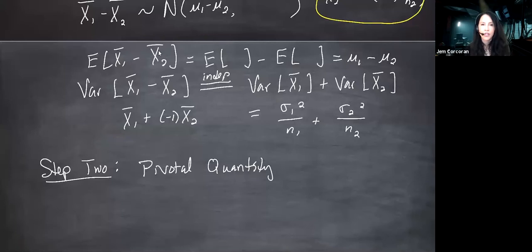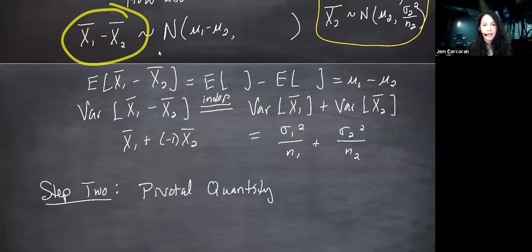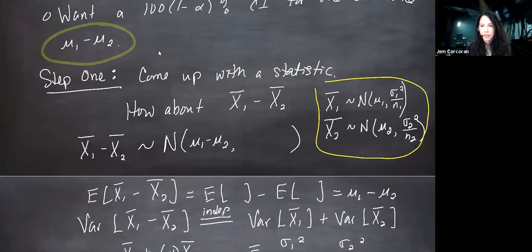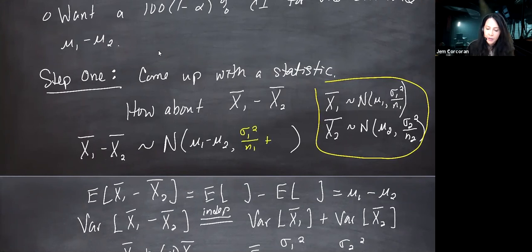So this is a function of the statistic we're going to use, which is x1 bar minus x2 bar, and the thing we're trying to estimate, which is mu1 minus mu2. By the way, I forgot to finish off my statement about normality that is now in the center of the screen. I'm going to put in my variance, sigma 1 squared over n1 plus sigma 2 squared over n2.